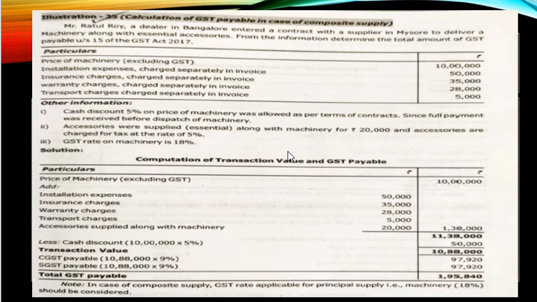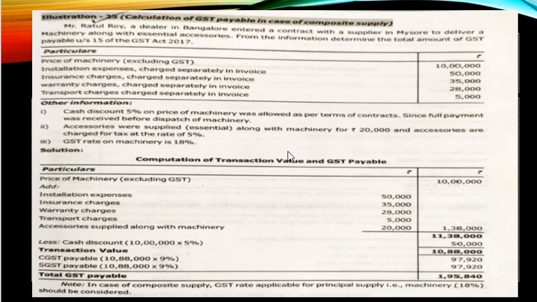In such cases, we should always take the percentage of the principal goods. Now as your asset, machinery, is supplied, along with that the spare parts required for the machinery or necessary accessories which are essential for the machinery's smooth running would be supplied. So now the GST rate for both can be different.